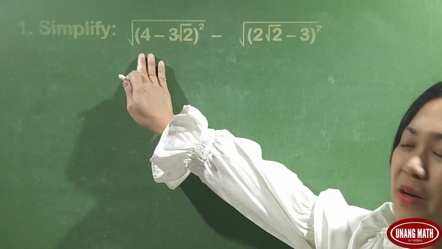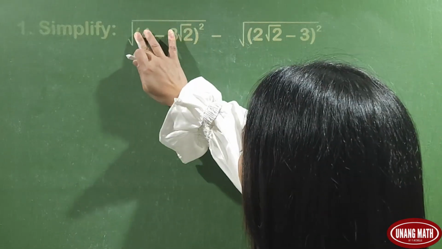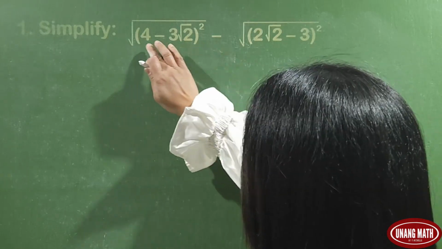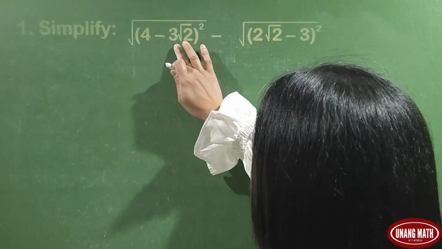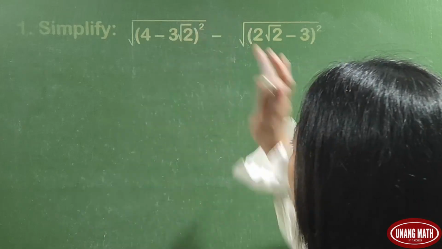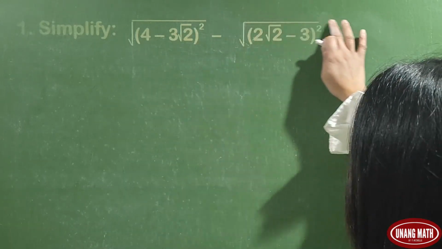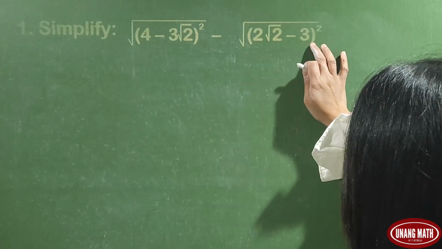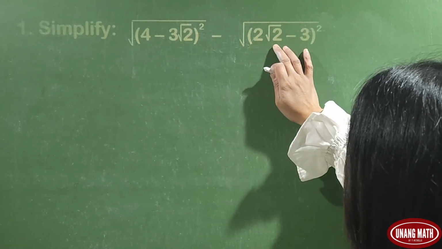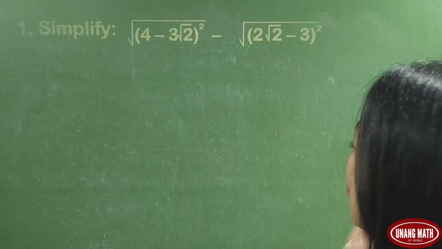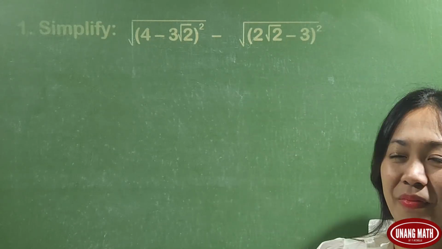As you can see, we have here the square root of the expression inside the parenthesis, 4 minus 3 times square root of 2, raised to the power of 2, minus the square root of the expression inside the parenthesis, 2 times square root of 2 minus 3, raised to the power of 2.